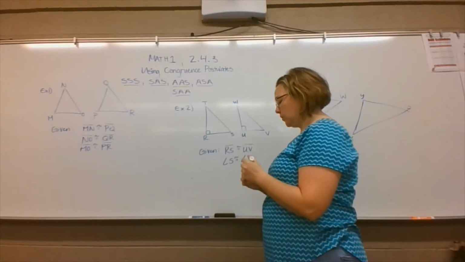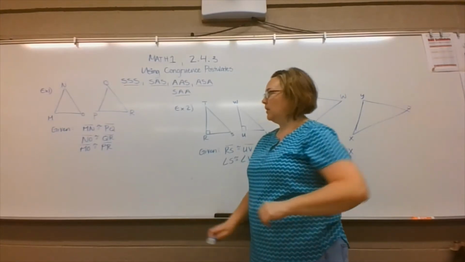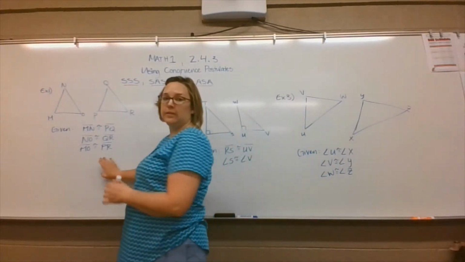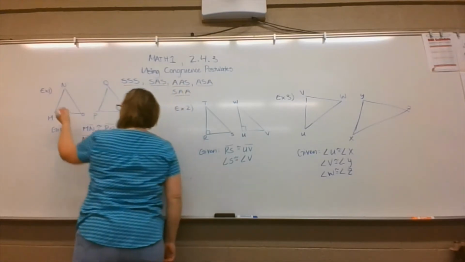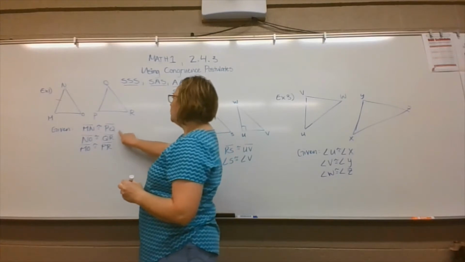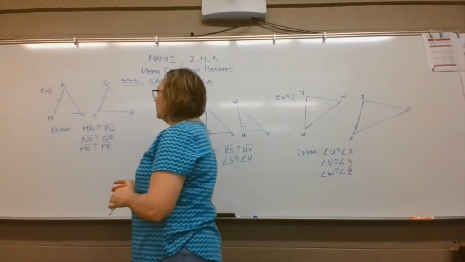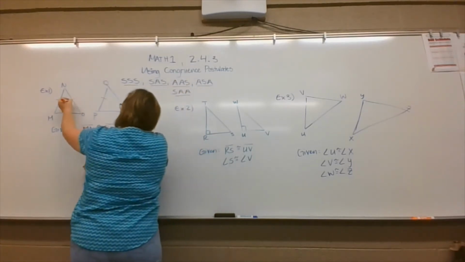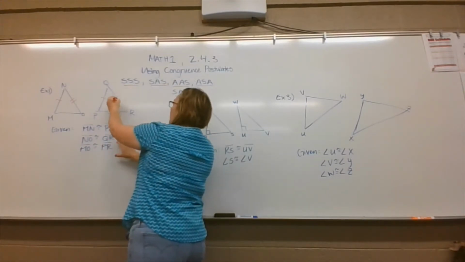So we are going to go through a few examples looking for if we can find congruence with them. In this first example, we are given that side MN is congruent to side PQ. Side NO is congruent to side QR.